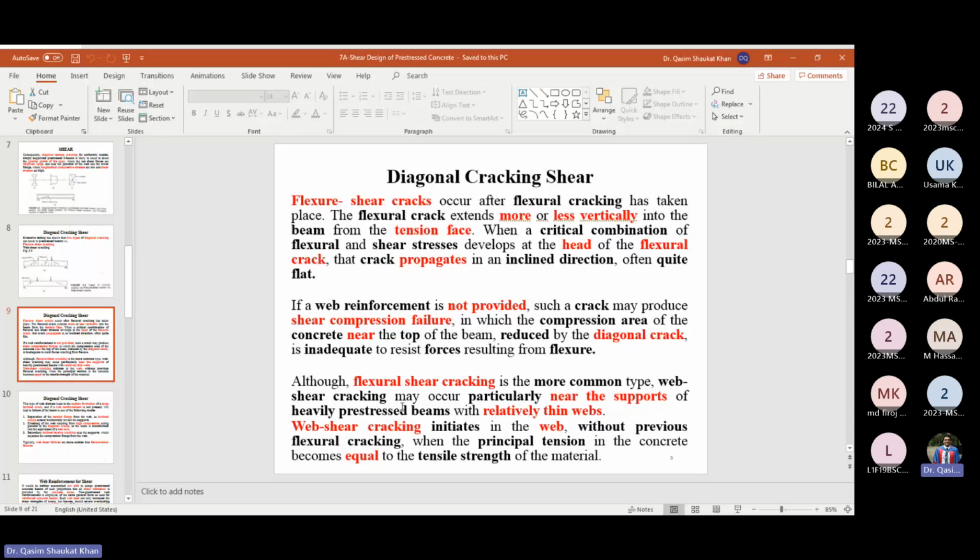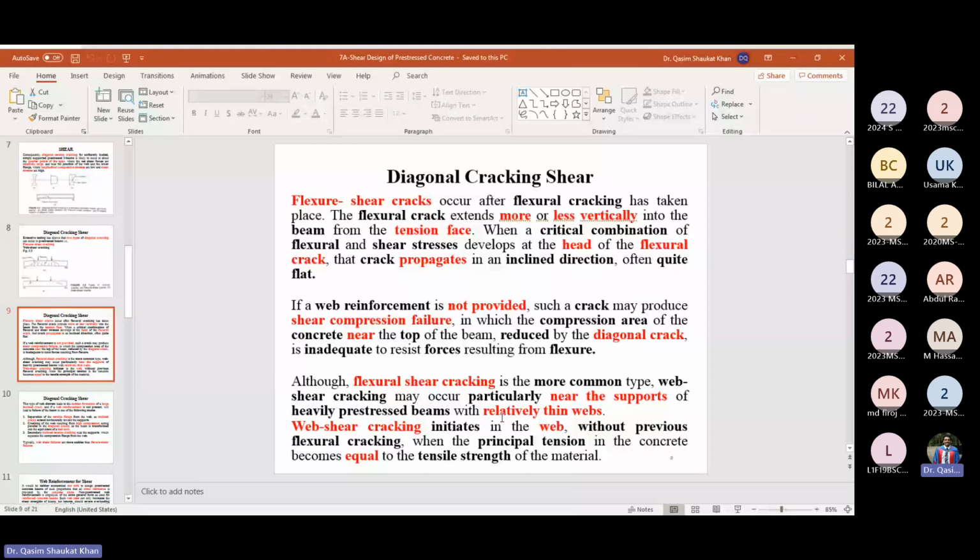So web shear cracking may occur near the supports of heavily pre-stressed beams, because the shear stresses are very high, the thickness of the web is very small, and secondly, there is only compression. There are no tensile stresses to counter that compression.